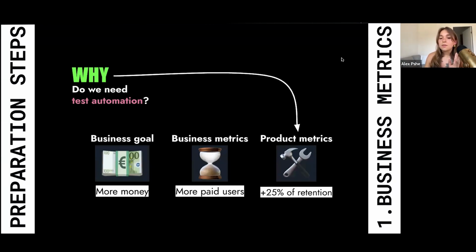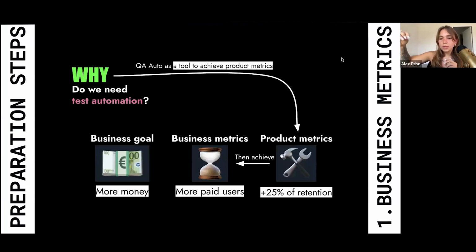And after that, test automation can be used as a tool to achieve product metrics. Because when you follow this approach, it's much easier to ask for promotion, to present your work, and not to write tests just because you are a QA automation engineer and you have to write automated tests, because sometimes you don't even need these automated tests. That's why it's important to understand the final goal.